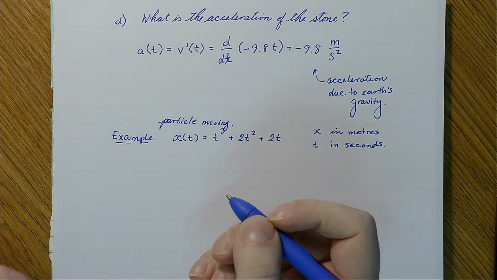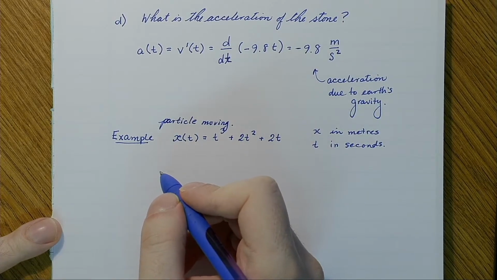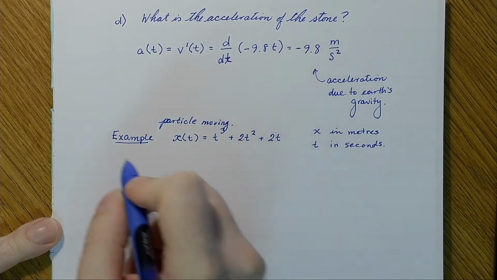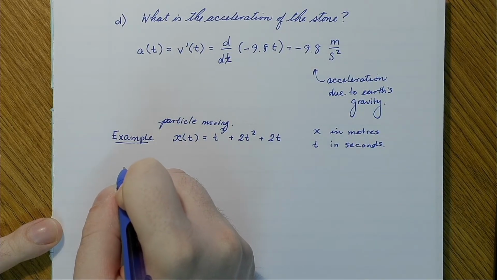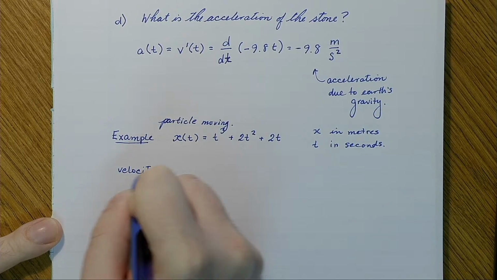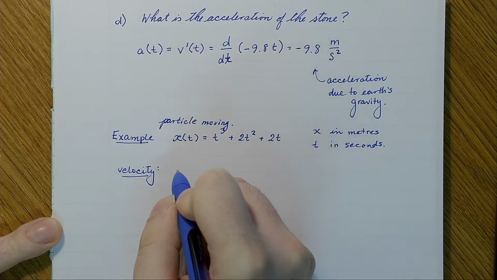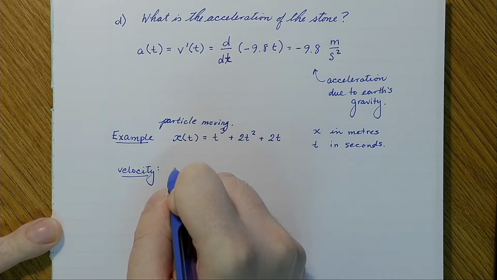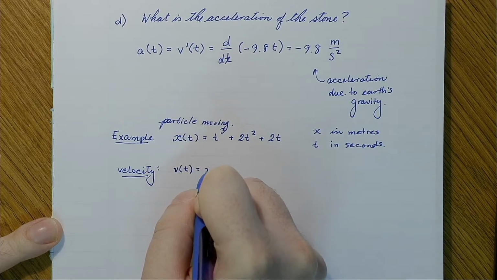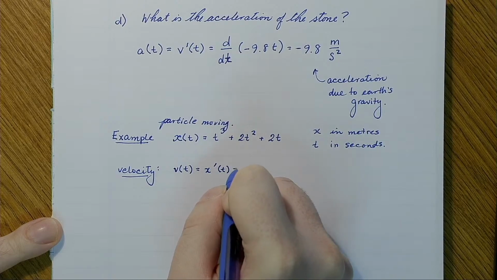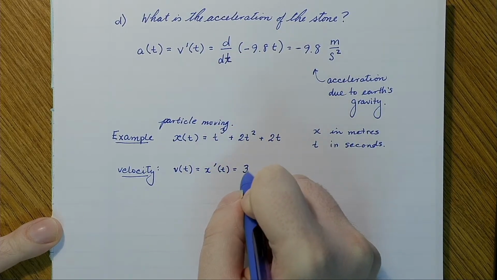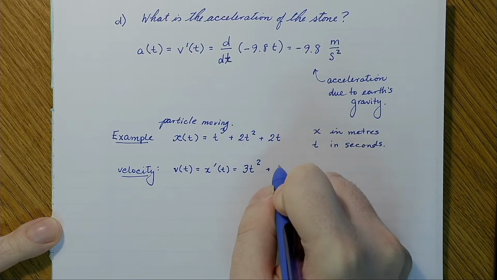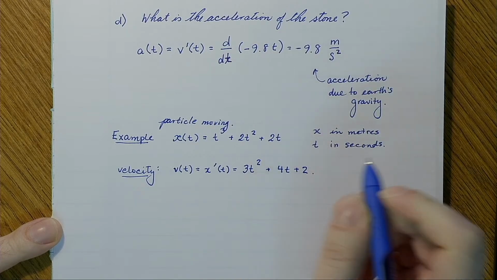And so we can quickly find the velocity and the acceleration. So the velocity, again, taking the derivative of the position function, I have 3t squared plus 4t plus 2.